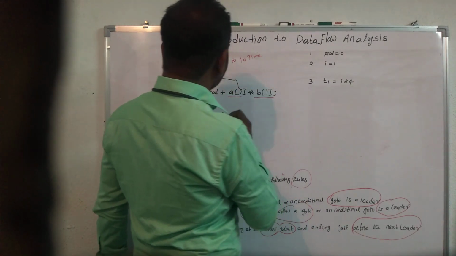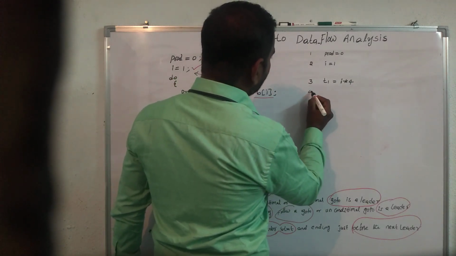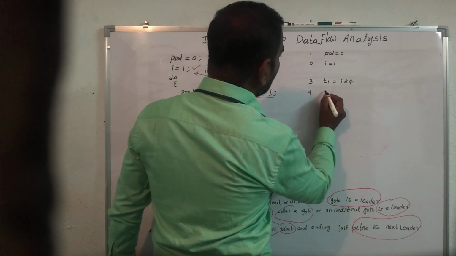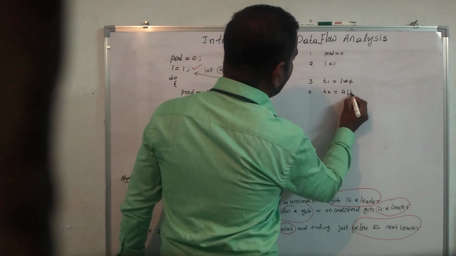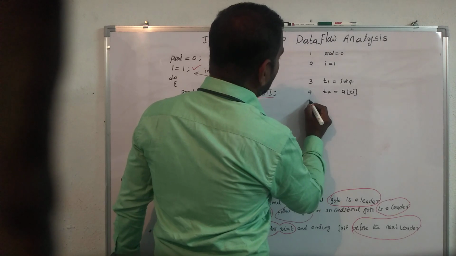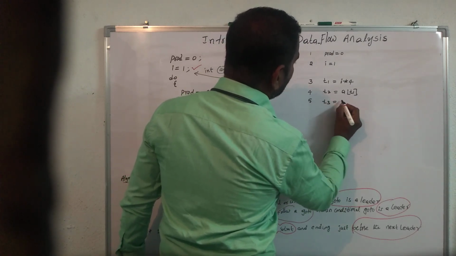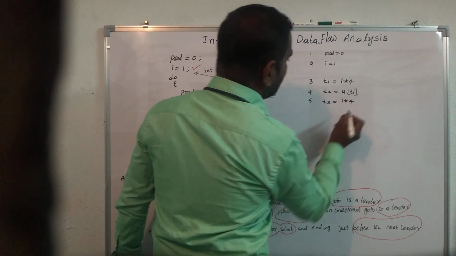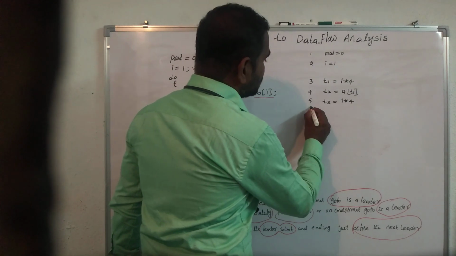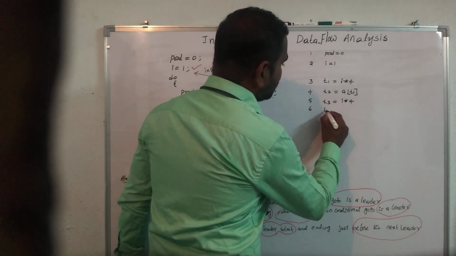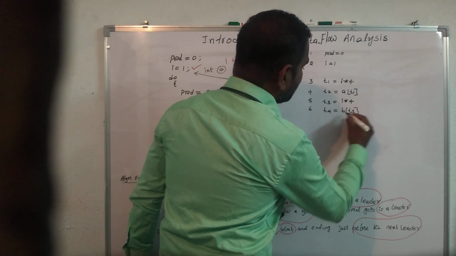So next, after evaluating this, the fourth statement: T2 is equals to A of T1. Next, the fifth statement: T3 is equals to again I into 4 for the B subscript value. Next, the sixth statement: T4 is equals to B of T3.